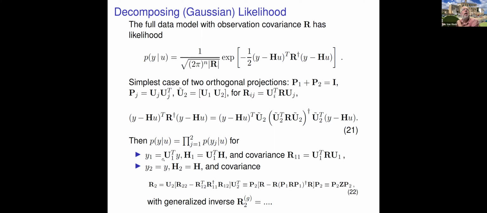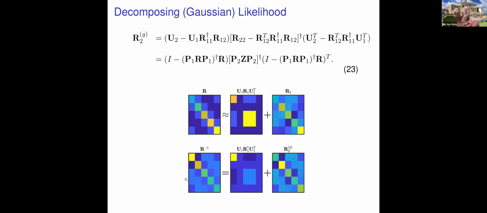And here's the data we use. In Y1 we use the projected data with U1, H1 similarly, and that's its covariance. And then Y2 is Y and H2 is H, the original Y and the original H. And then R2 is what we've found, and it has this generalized inverse like this.